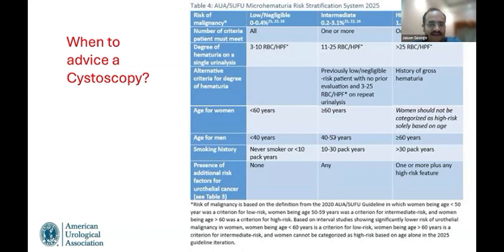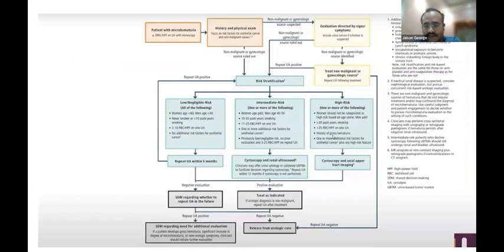What about those in the intermediate risk category? For them, the American Urology Association has brought about the idea of using urine tumor markers, about which I'll be discussing in due course. Like I mentioned, for those in the lower risk category, we can repeat urinalysis within 6 months.